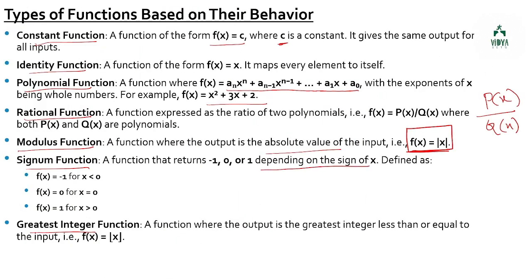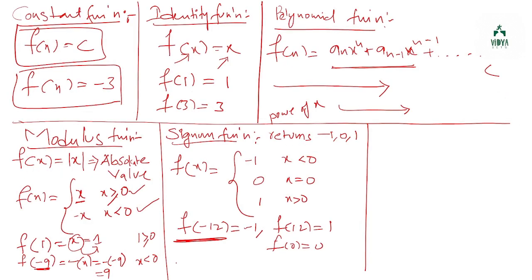Depending on the sign of x, we define f of x equal to minus 1 for x less than 0, f of x equal to 0 at 0, and f of x equal to 1 for x greater than 0. You understood, right? It always returns just 0, 1, or -1.